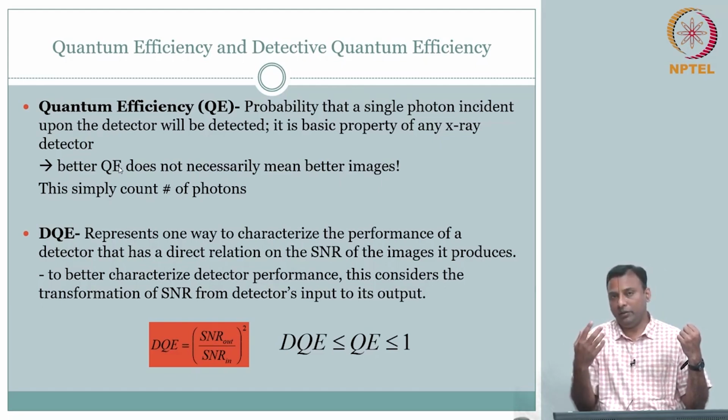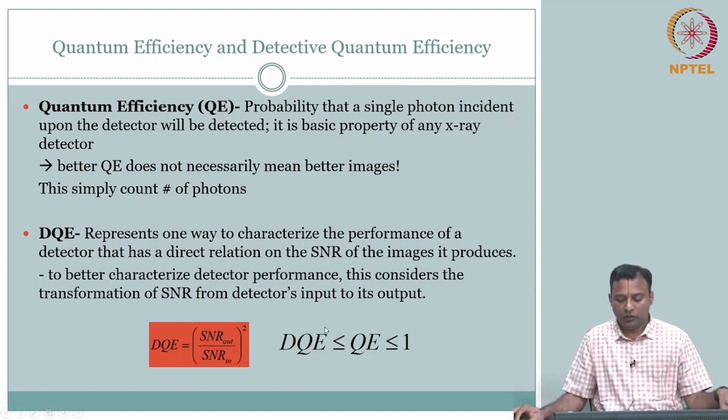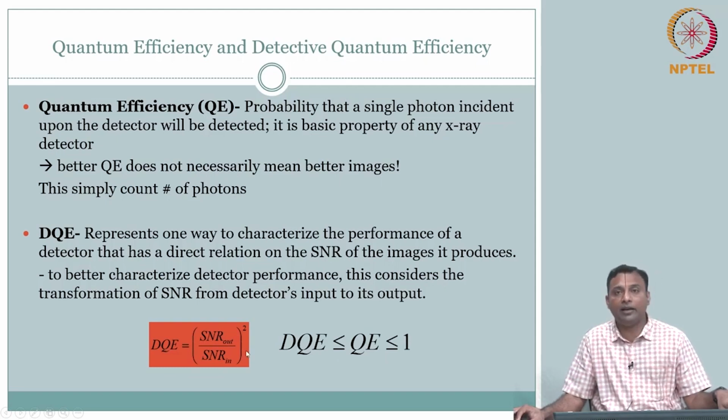It will be lower. So your QE is the upper limit, meaning 1 is the best case. Usually your QE is less than 1. Your DQE is a further degradation, so that is going to be less than your QE.